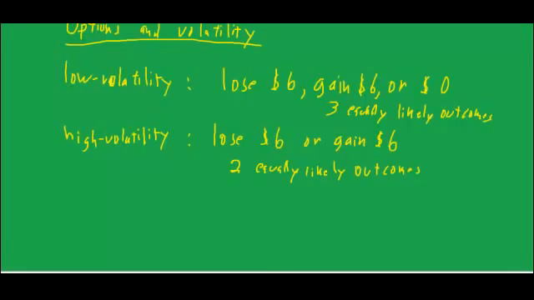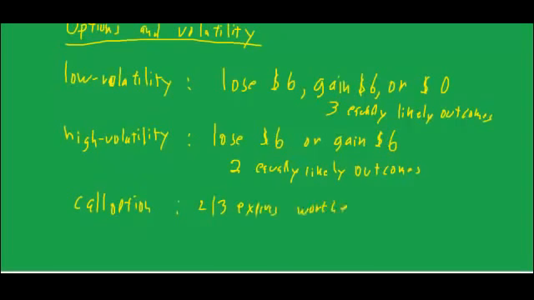But when you use options, these are not the same. So let's say I owned a call option. In the low volatility case, if the stock loses $6 or we break even, it expires worthless. So there's a 2/3 chance that it expires worthless.